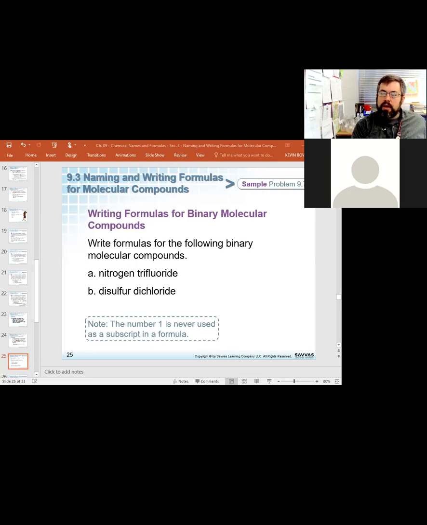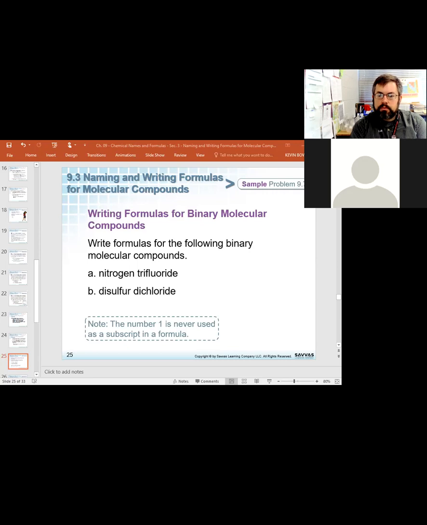All right. Now, we don't have time, unfortunately, for disulfur dichloride, but remember that di means 2. And so if I have disulfur, then I'm going to want S2, because the symbol is S. And if I have dichloride, I'll have 2 chlorines, which is Cl2. So S2Cl2.